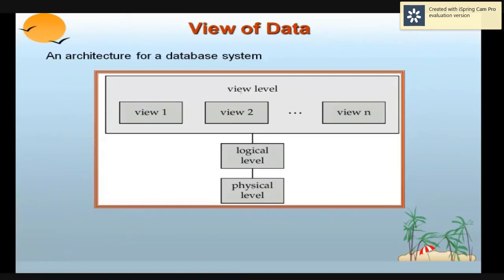For example, if it's a college database, HODs would have a different view of data, students would have a separate view of data, and faculty would have a separate view of data. So this is a simple architecture of a database system with three different levels of abstraction.